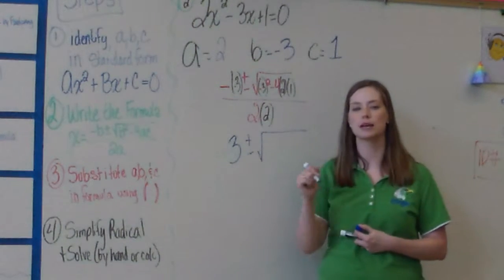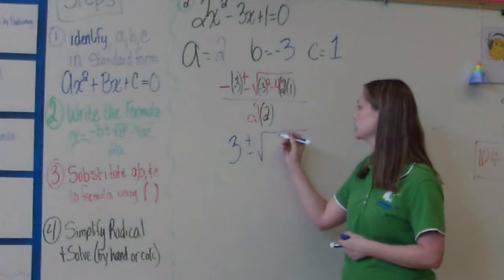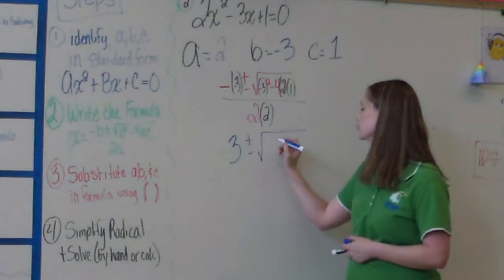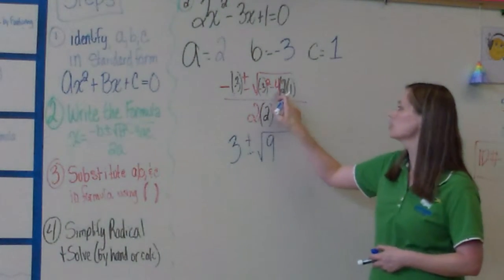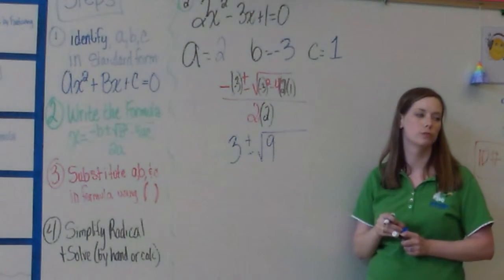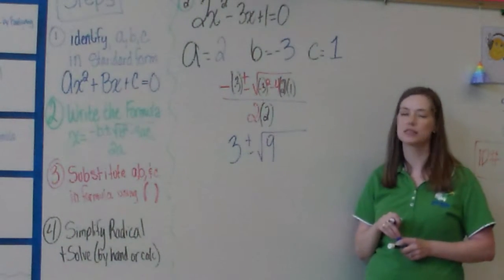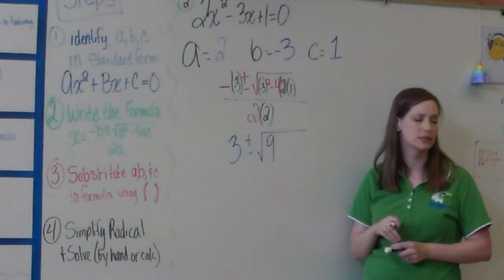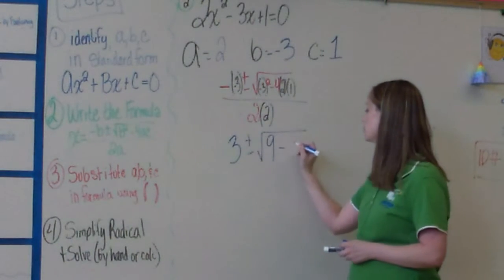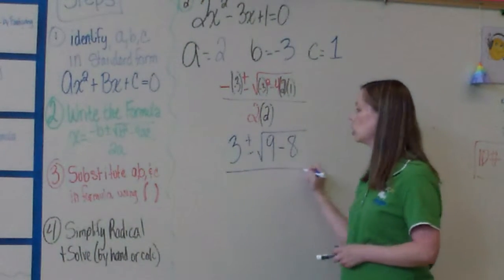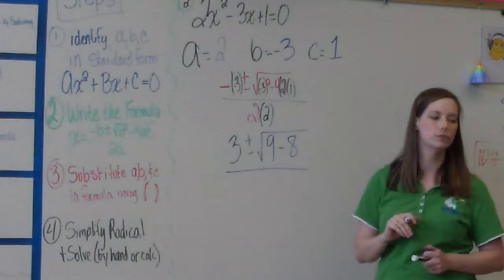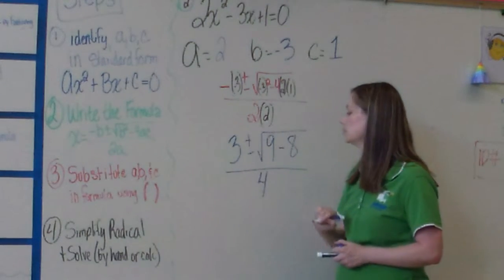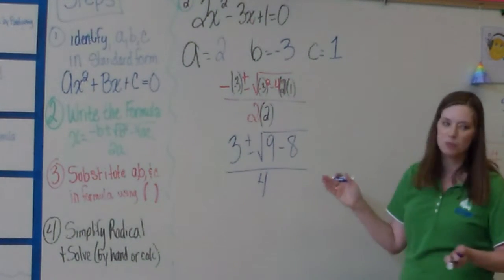It's negative 3 times negative 3. It is not negative 3 times 2. 9. What is 4 times 2? 8. What is 8 times 1? Still 8. So minus 8. All over, what is 2 times 2? 4. Okay? Now, I could type this in the calculator.